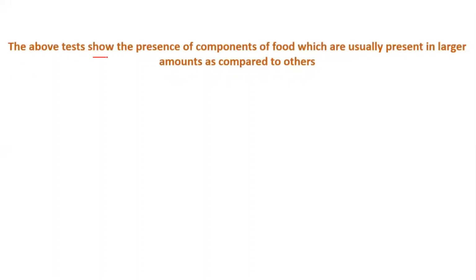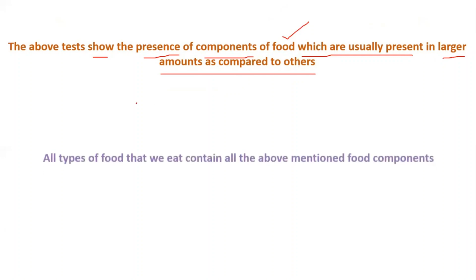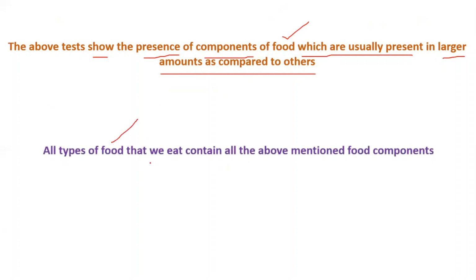The above tests show the presence of the components of food which are usually present in larger amounts compared to others. All types of food that we eat contain all the above mentioned food components: proteins, carbohydrates, fats, vitamins, and minerals.